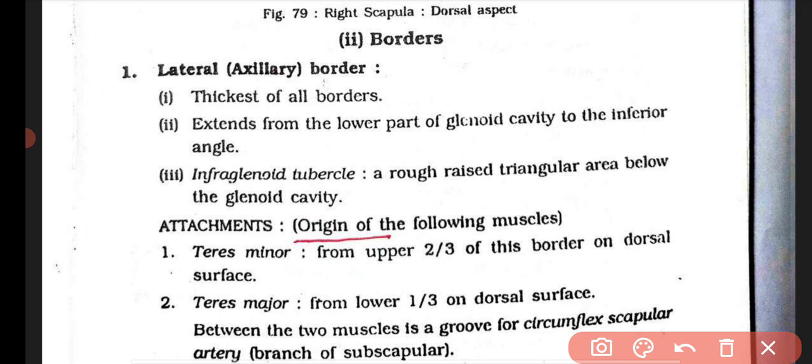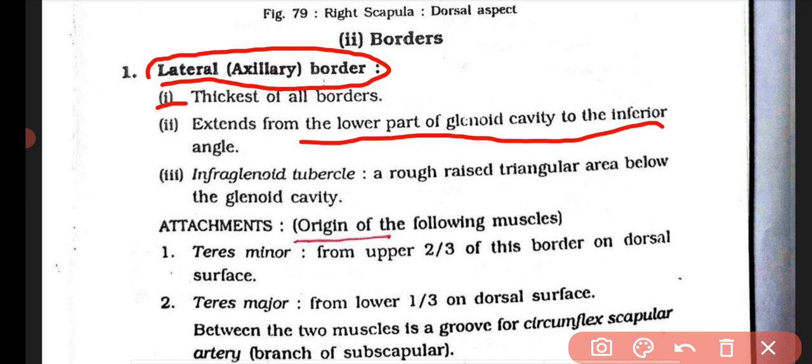The lateral border is also known as the axillary border because it lies beneath the axilla. It is the thickest of all borders. It extends from the lower part of the glenoid cavity to the inferior angle.